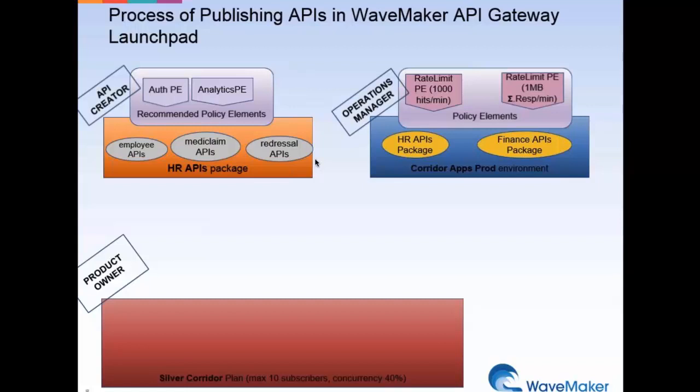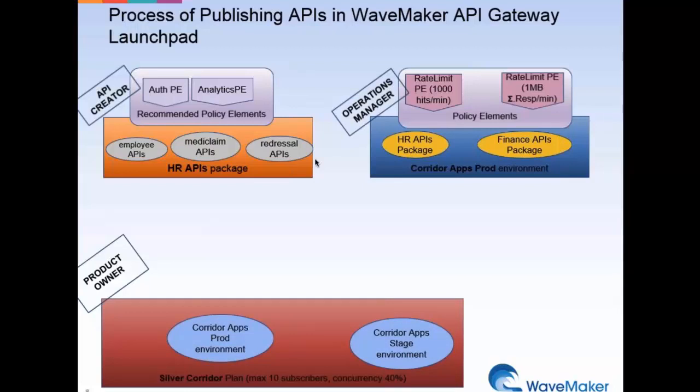There is no limit on the max subscribers. It is just that when we inherit the limiting elements from the environment, the subscribers and the concurrency play a part in determining the limits for a subscriber to this plan.